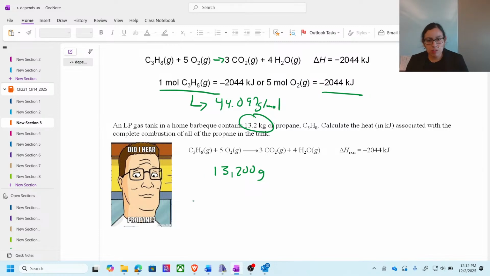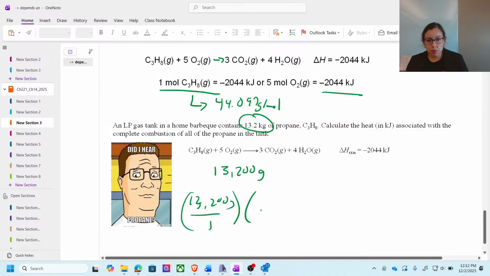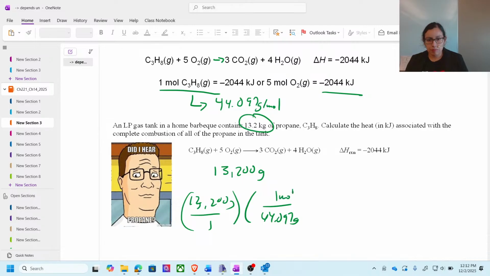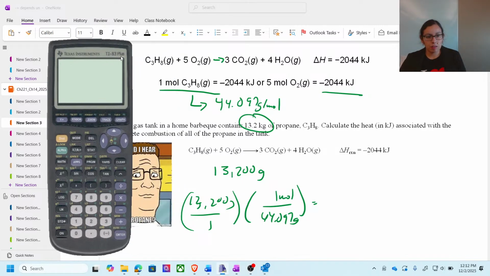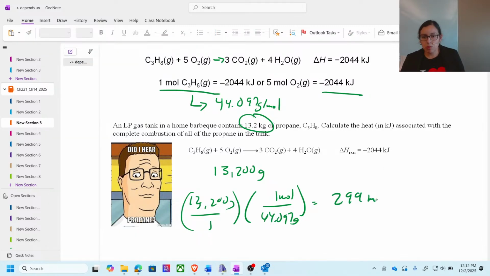And so now we can just divide and figure out how many moles we have. So 13,200 divided by 44. And so about 300 moles roughly, or 299 moles of propane.